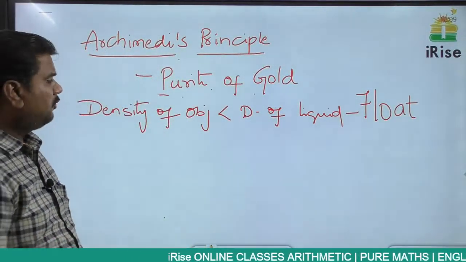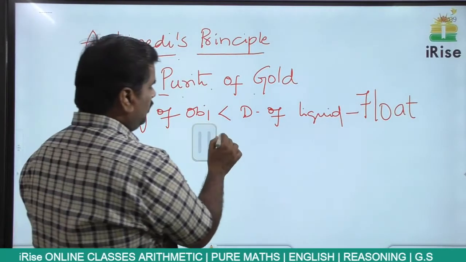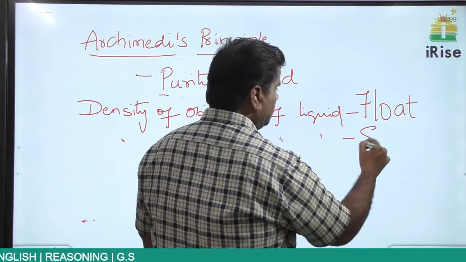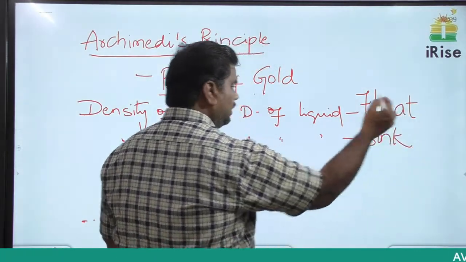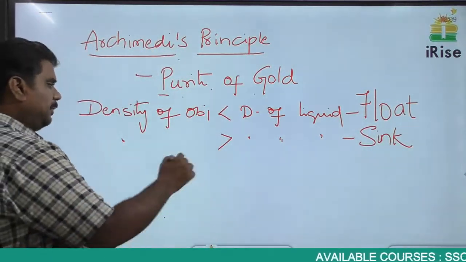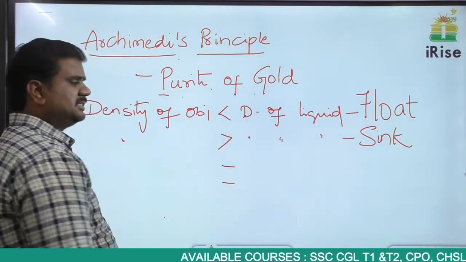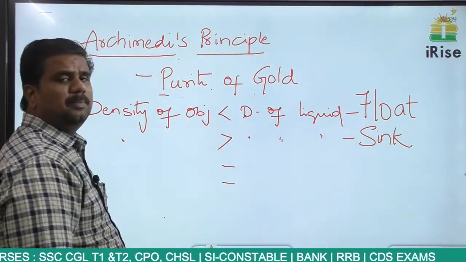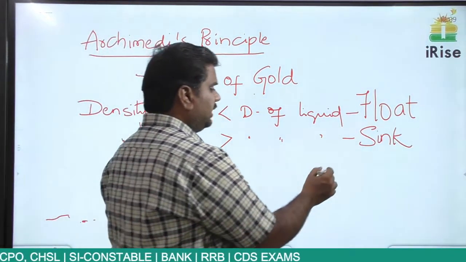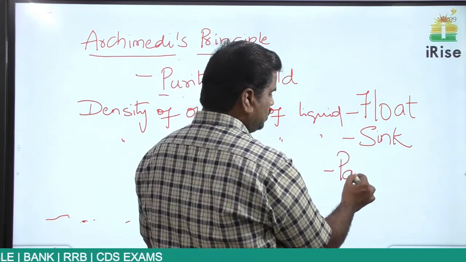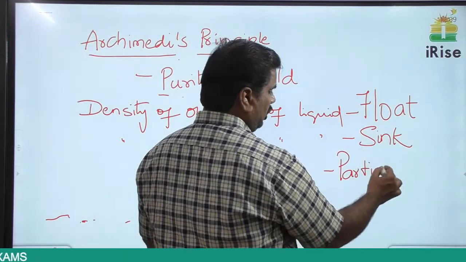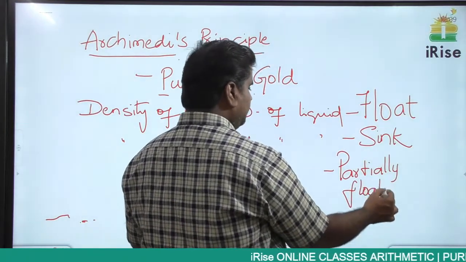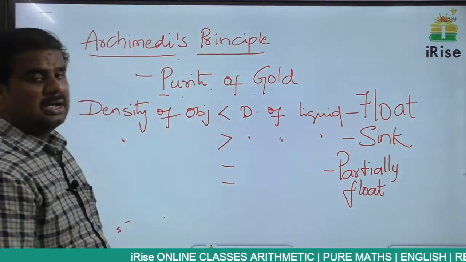If the density of the object is more when compared to the density of the liquid, in that case the object will sink. Suppose the densities of both the substances are equal, the object density as well as the liquid density, in that case the object will partially float, which means 50% will be inside water and 50% will be above the water.